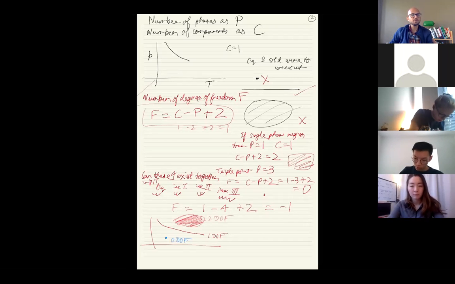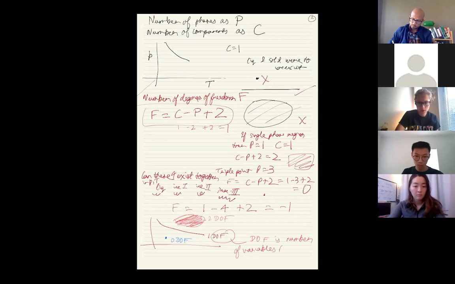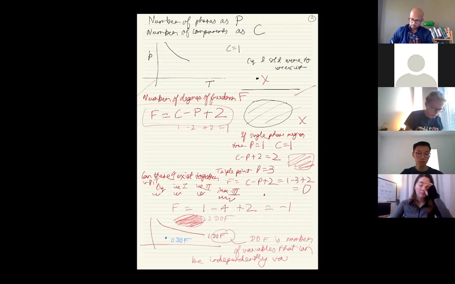You can't have 3 degrees of freedom because you have only P and T. What are the number of things that you can vary at the same time? Degree of freedom is the number of variables that can be independently varied. And we are talking solely about pressure and temperature.